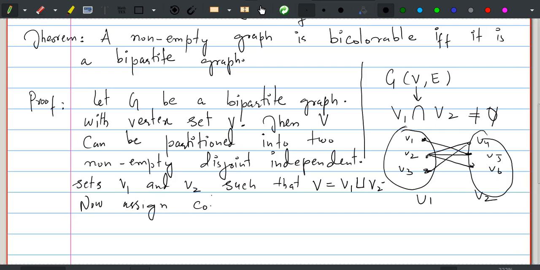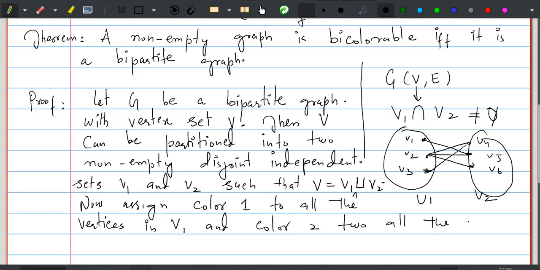Assign color, say color 1, to all the vertices in V1 and color 2 to all the vertices in V2.